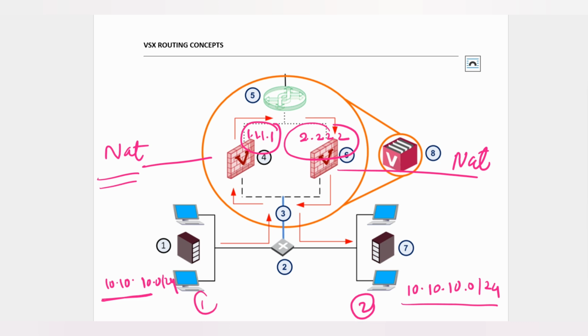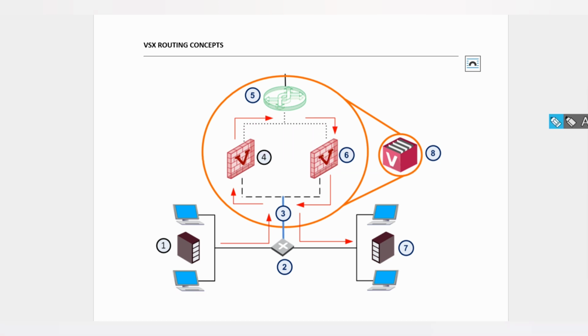Now let's see what dynamic routing we support in a VSX virtual system environment. The virtual device can communicate and distribute routes using dynamic routing. Each virtual device has its own routing daemons.